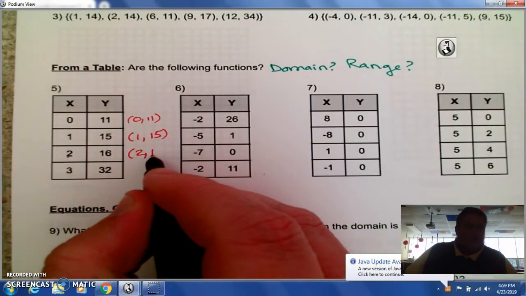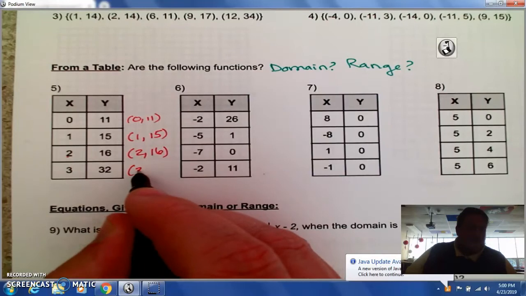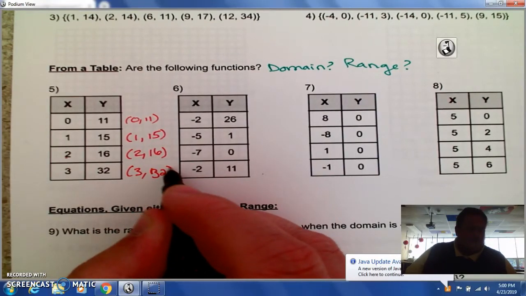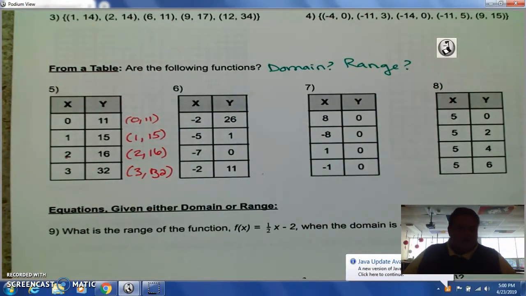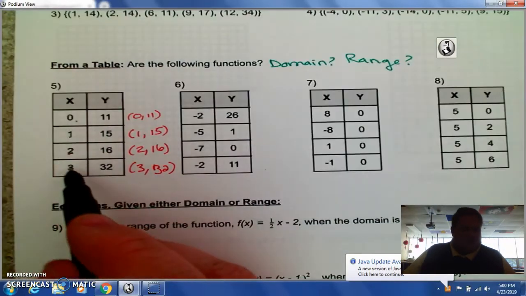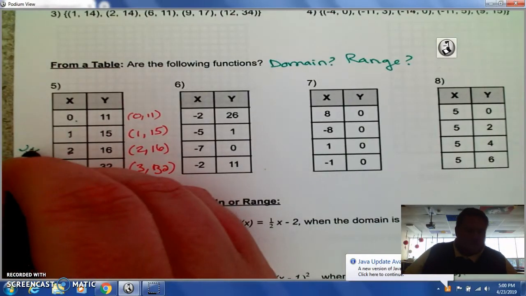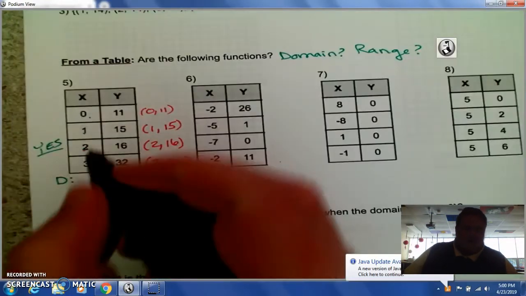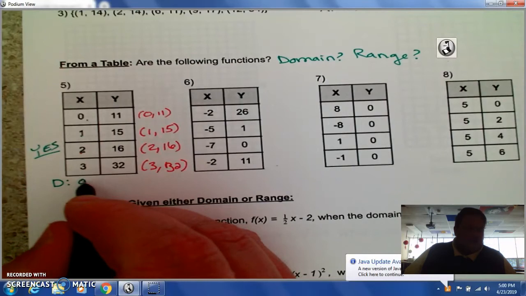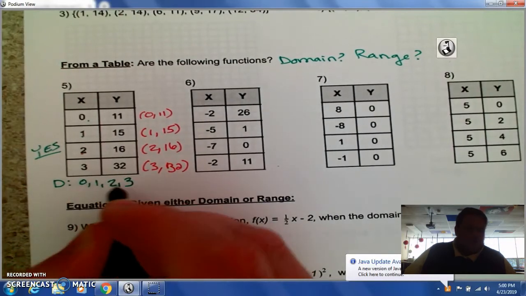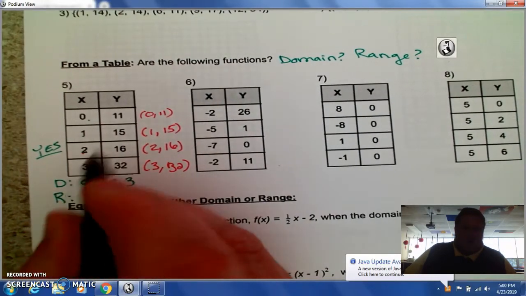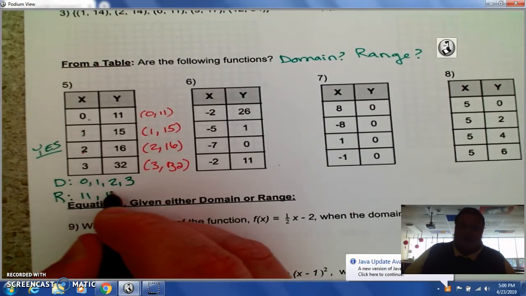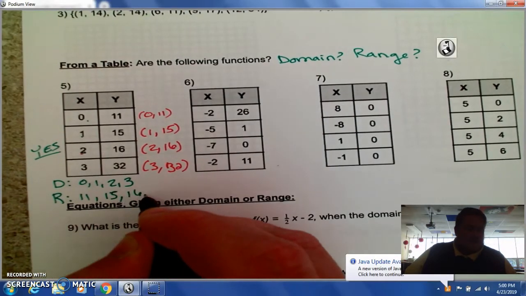So it's another way we're representing this data. 3, 32. Okay. So is it a function? Well, 0, 1, 2, 3. So yes, it is a function. Okay. Our domain will be the entire x column. So that's 0, 1, 2, and 3. And our range will be the y column, which is 11, 15, 16, and 32.